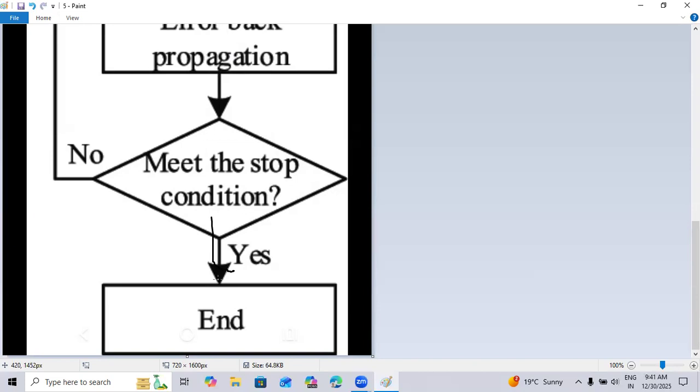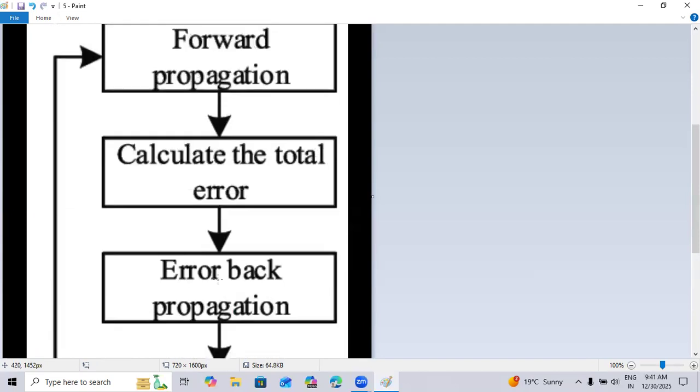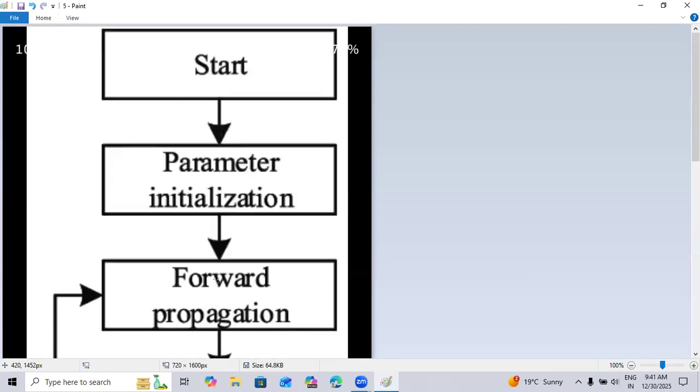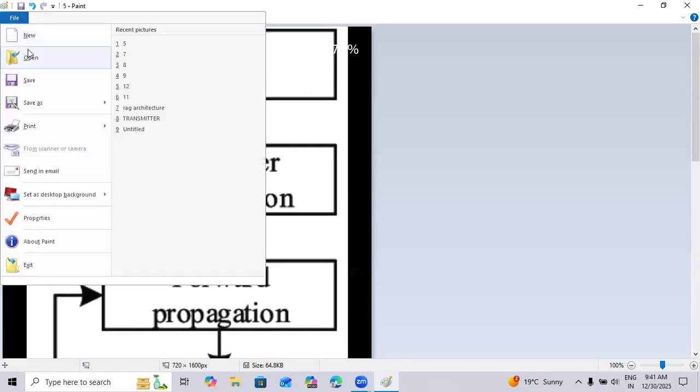Now comes the most important concept of back propagation. Let me share another picture of back propagation.